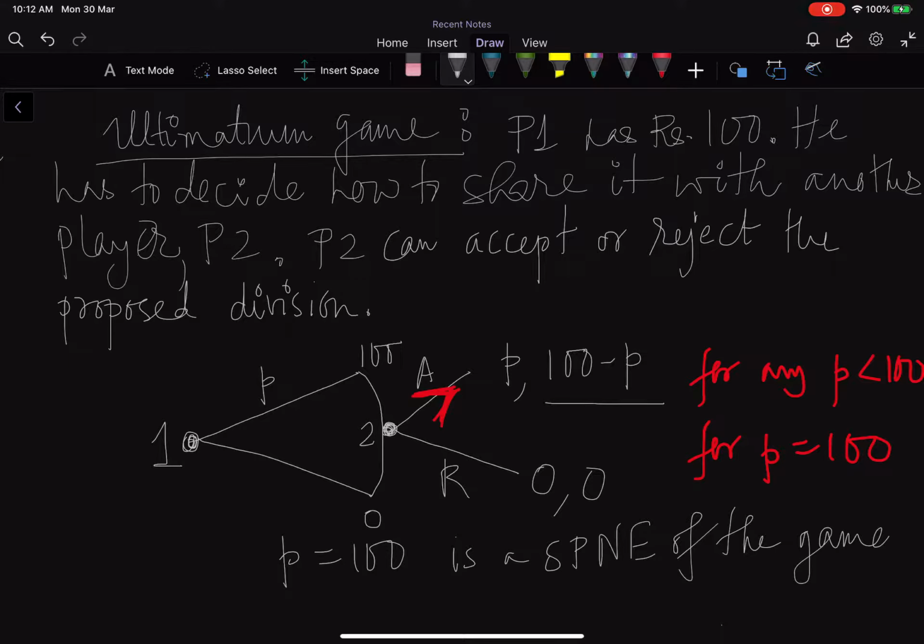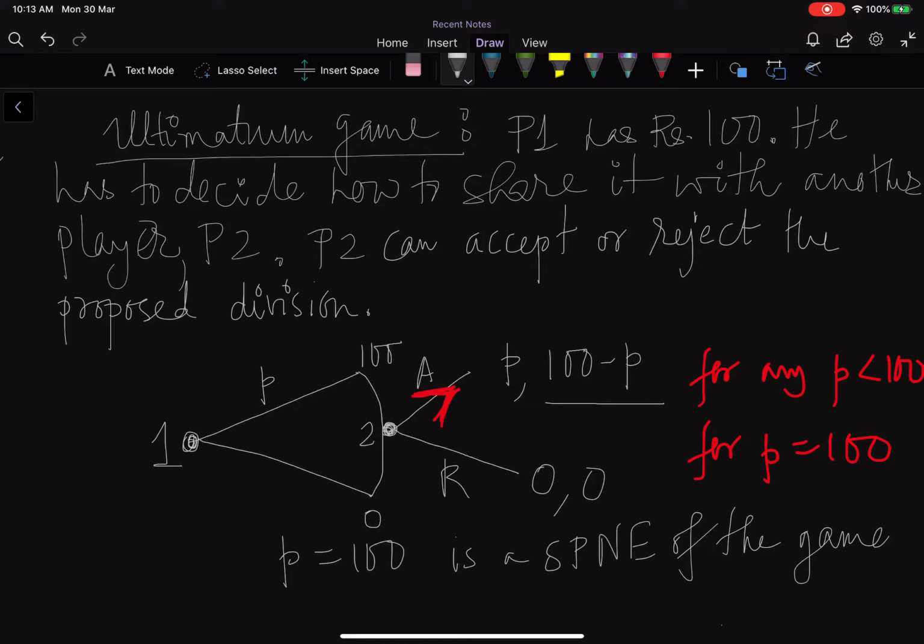In that case, people find that player 2 is much more accepting of a very unequal offer, because player 2 thinks that player 1 has worked hard to earn 100 rupees, so it's okay if he doesn't want to share a lot with me. But when player 1 wins a lottery and gets this 100 rupees, then player 2's threshold for acceptance becomes much more strict in terms of sharing rules. Player 2 wants more egalitarian sharing rules, right?